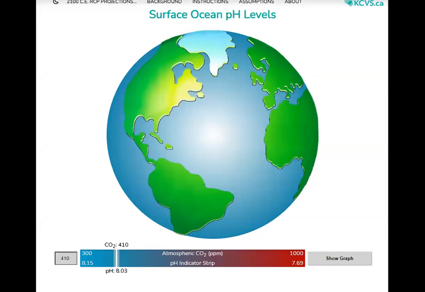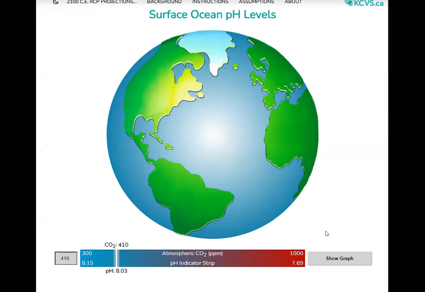The ocean is basic. Solutions that are higher than pH 7 are basic solutions. Oceans all over the world are around pH 8.1, 8.2. So that's all the oceans. They are basic, and even though 8 is close to 7, you know it's a power of 10. And so that is a whole power of 10 more basic than what would be a neutral solution.